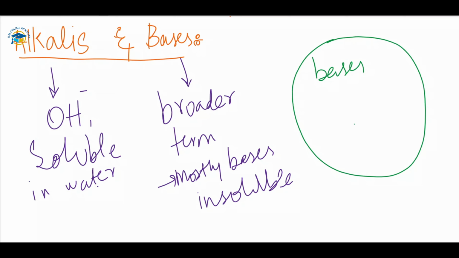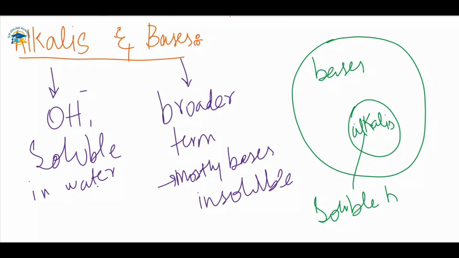But there is a smaller group present in the bases, which are known as alkalis. Alkalis are the soluble bases, like sodium hydroxide and potassium hydroxide, which are soluble in water.